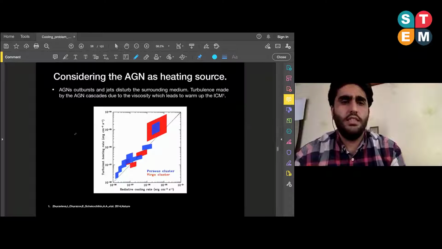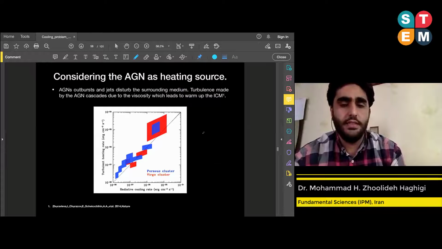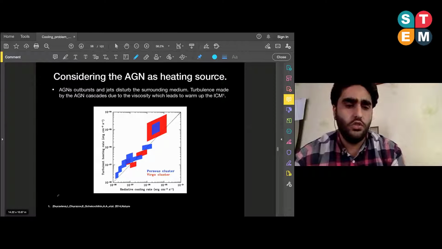So we consider AGN. I want to show you that if we choose AGNs as a heating source, it can provide enough heat to heat up the central part. And Zhoolideh et al.